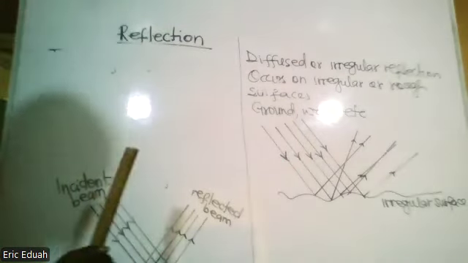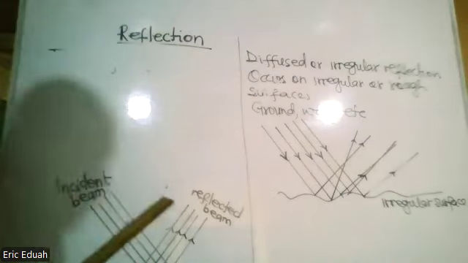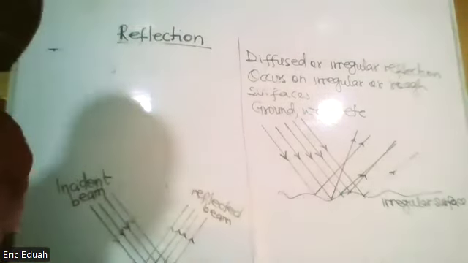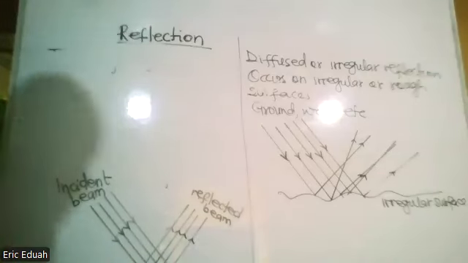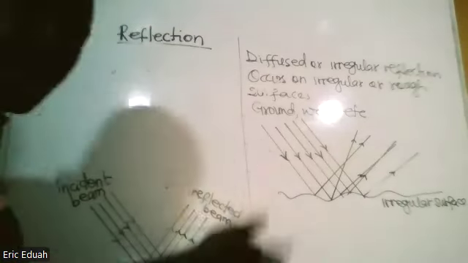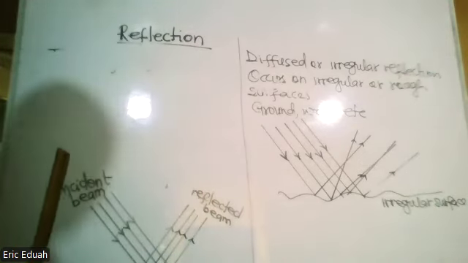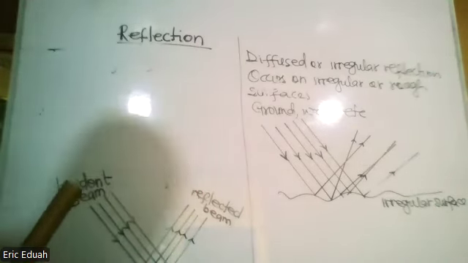Now, we have light incident in an orderly, regular manner, but the reflection is irregular or uneven. And because of this, no image will be formed.